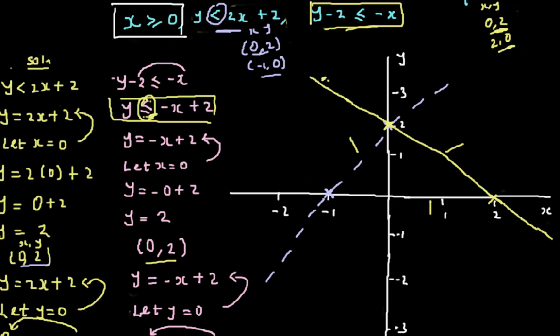So it's below the graph, so I can just put points to show that it's below the graph. Can you see? Then for the second inequality, we have y is less than 2x plus 2. So that will be below the graph also. So below, below, below, below.